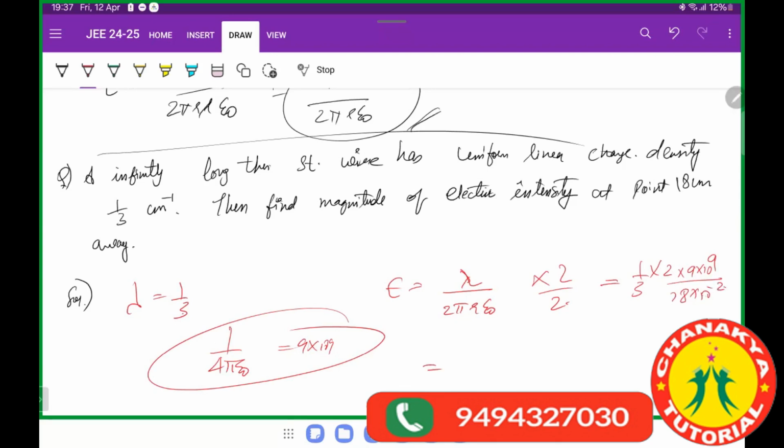That's it. So the answer is 10 to the power plus 11 Newton per Coulomb. That's it. Simple.